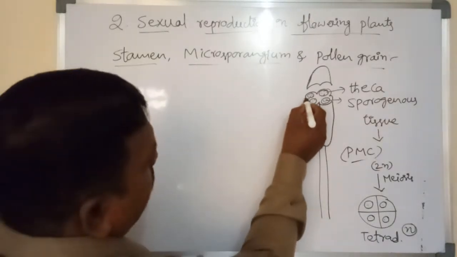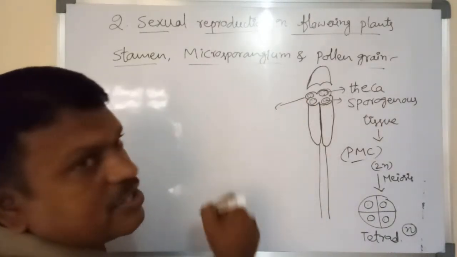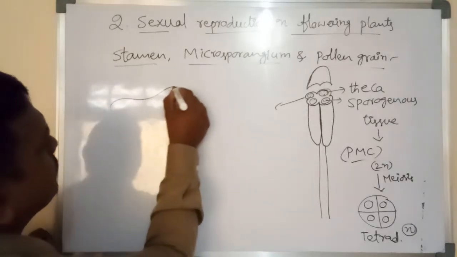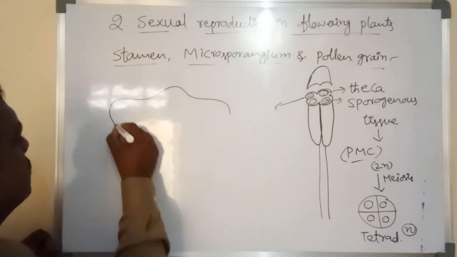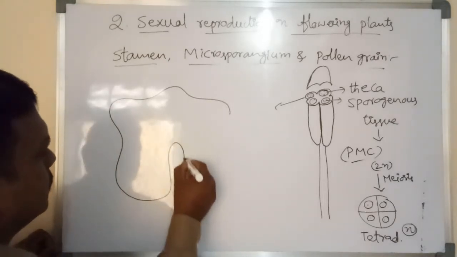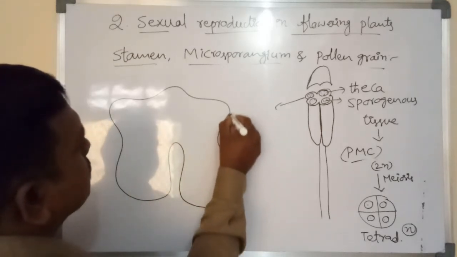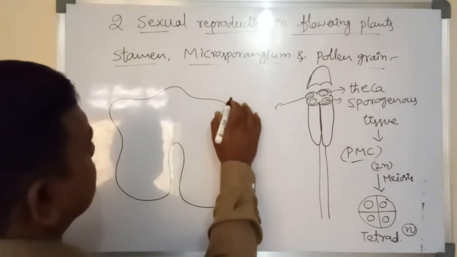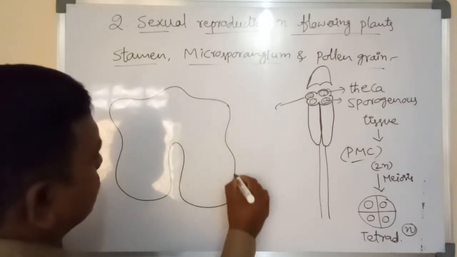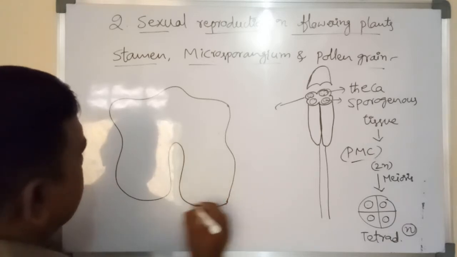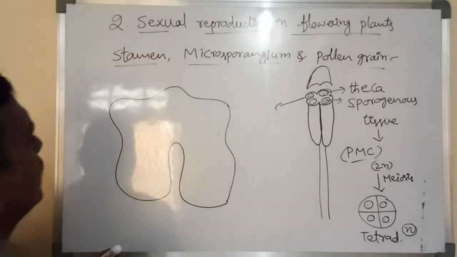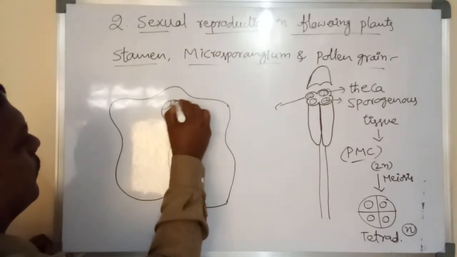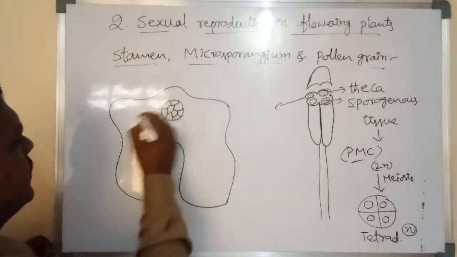Once roughly go through the section enlargement. TS of anther.